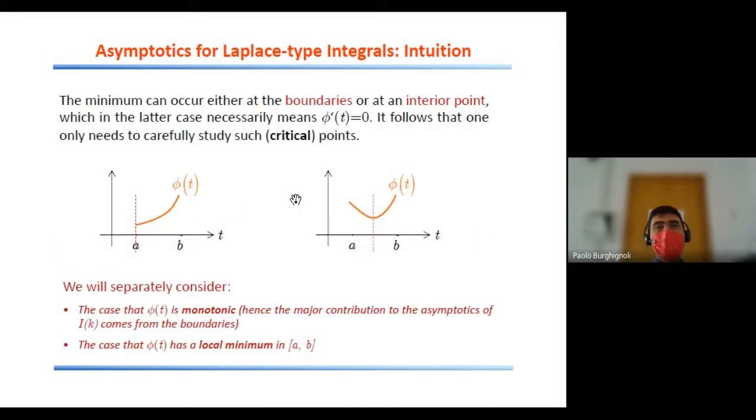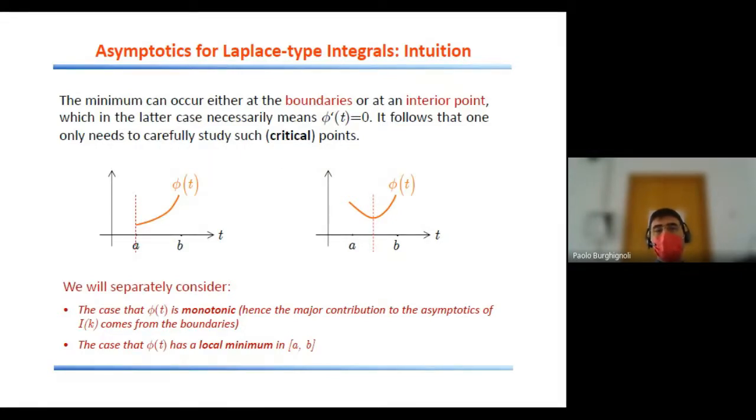And in particular, we must distinguish two possibilities, because this minimum can occur either at the boundaries, on the left, in which the minimum is at the left boundary of the interval, so when t is equal to a, or if the function is not monotonic, that could occur inside, so in some interior point between a and b, and that's the case depicted on the right figure. So we will separately consider those two cases.